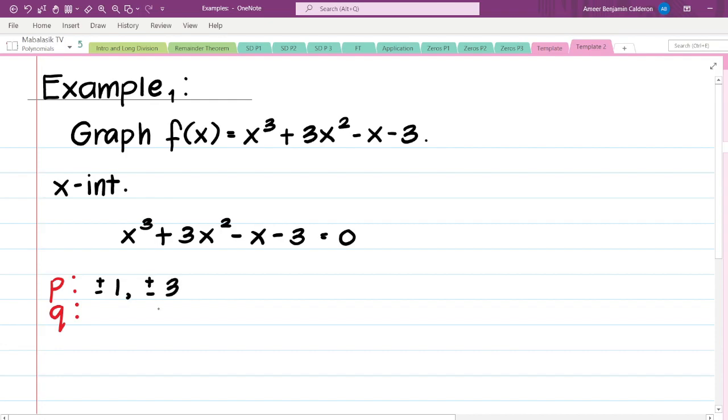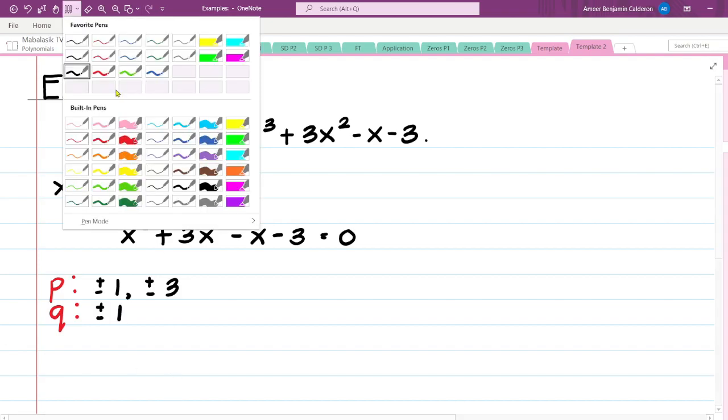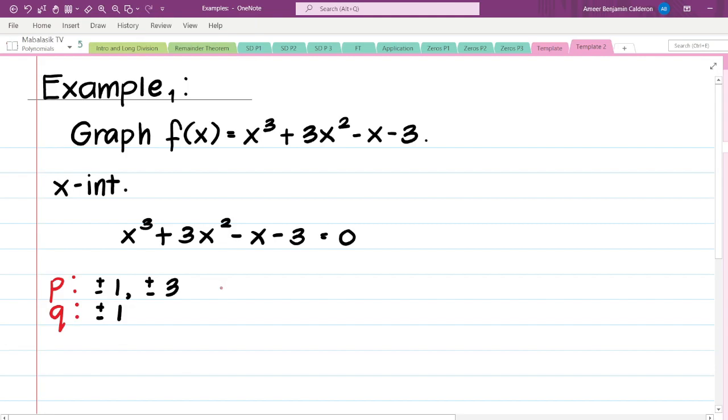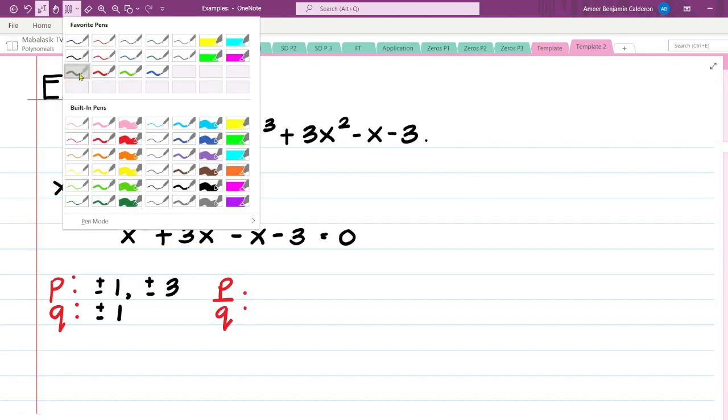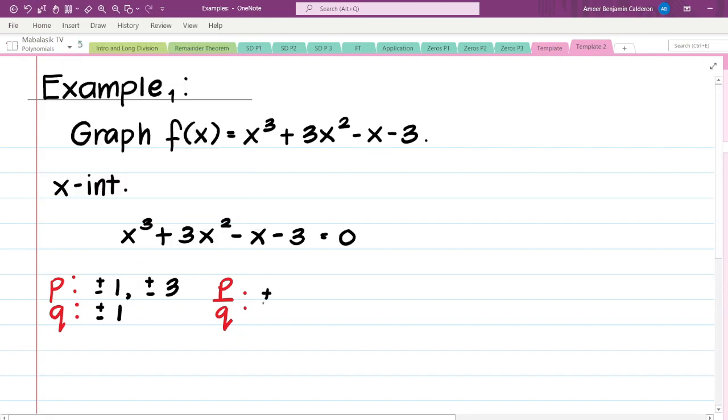Q values are the factors of the leading coefficient, so we have positive, negative 1. Let us now identify p over q values. We will have positive, negative 1, and positive, negative 3.